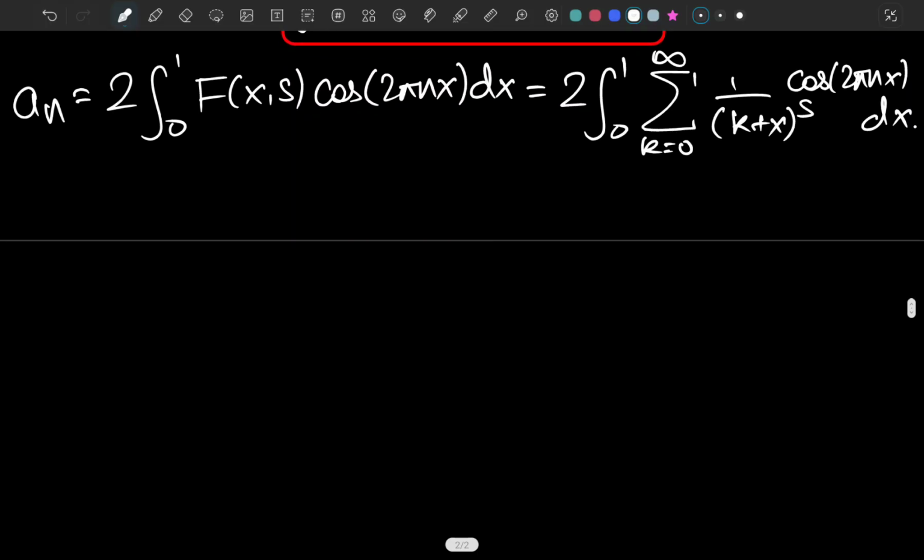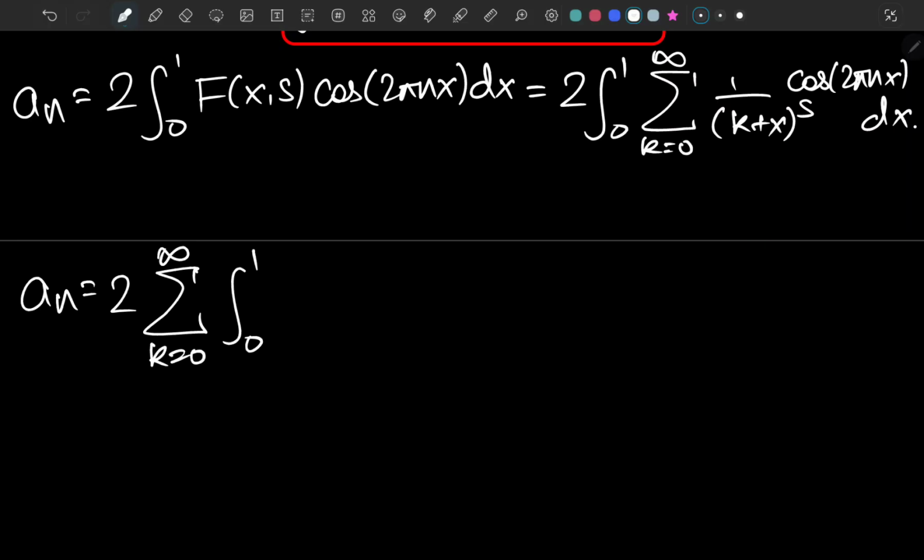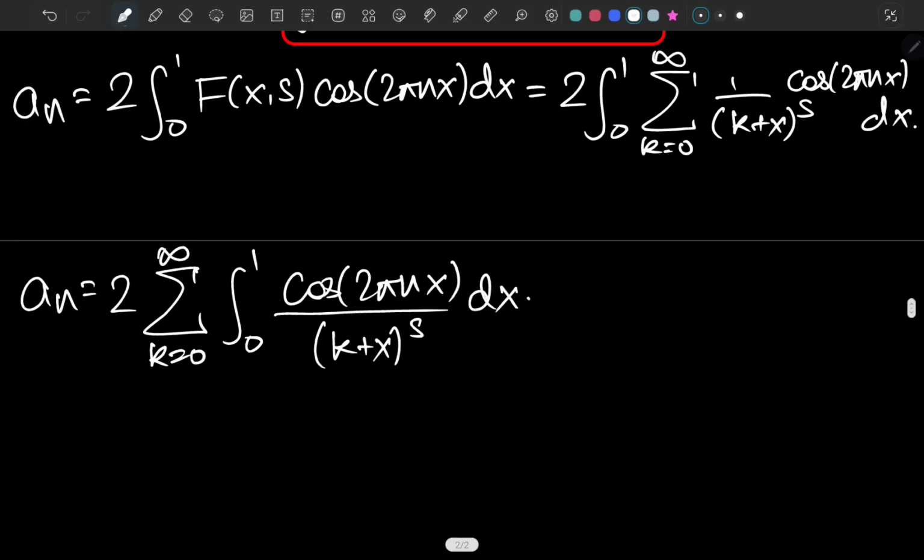So yeah, what we have here, let me just copy that down once more. It's this sum as k goes from 0 to infinity of the integral from 0 to 1 of cosine of 2 pi nx over (k plus x) to the s dx.